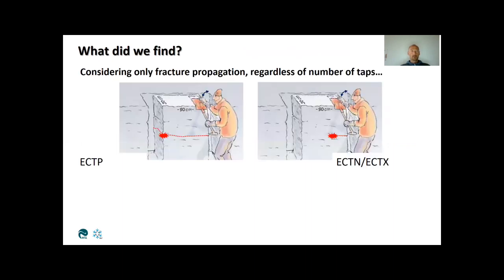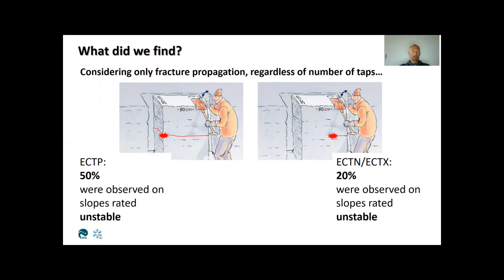So what did we find? Let us first look at the fracture propagation by itself, regardless of how many number of taps we had to do until a fracture occurred. If an ECTP was observed, this was in 50% of the time on slopes rated unstable.